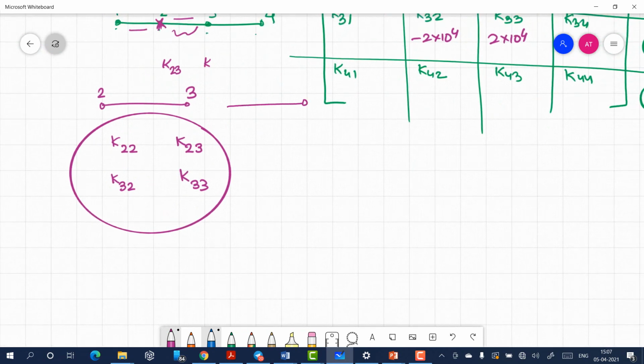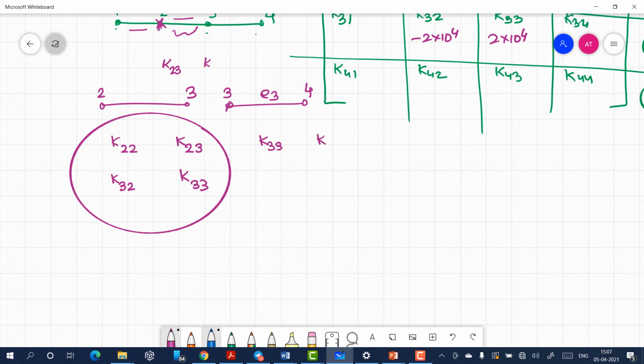If you see element number 3, then I have node number 3 and node number 4. So the components will be the stiffness because of the displacement applied on node number 3 on node number 3, so K33.